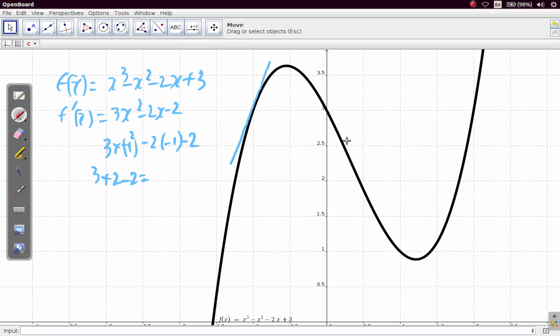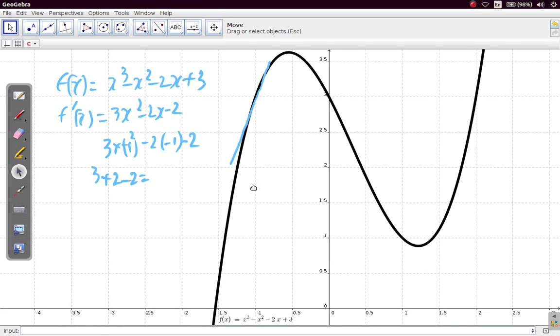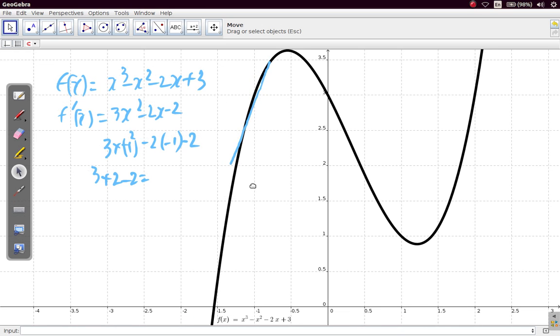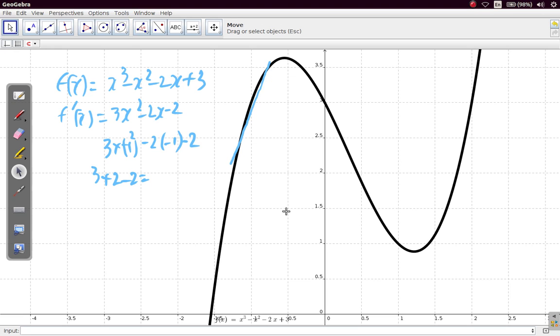If we choose a point here, say 0.1, where is that? About here. Then the gradient function is 3 times 0.1 squared minus 2 times 0.1 minus 2.